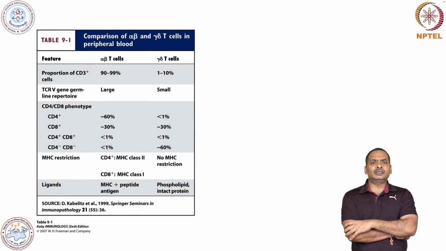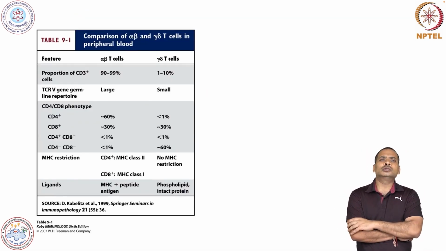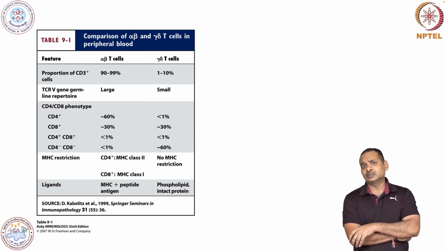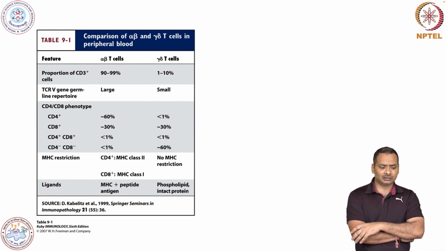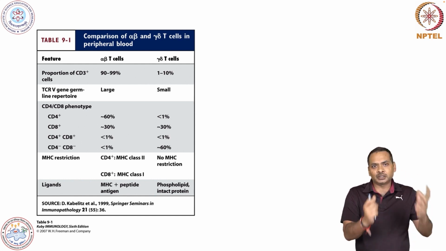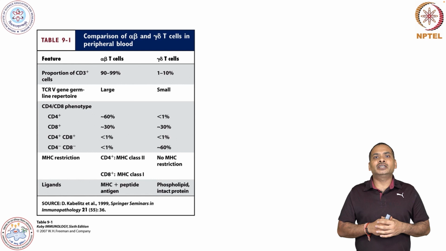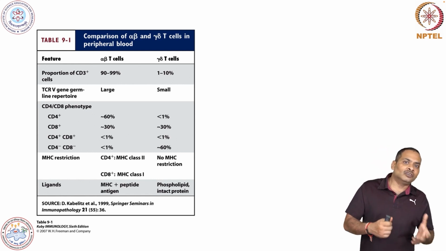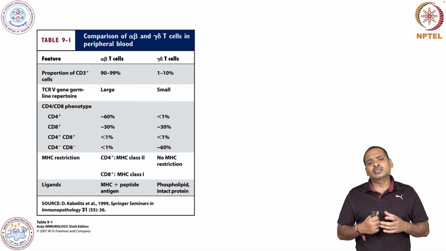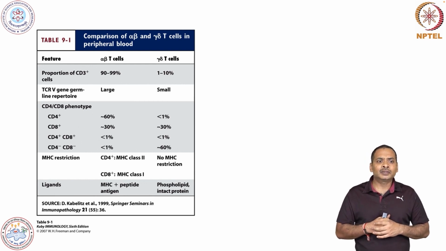Okay, now as I told you, there are two kinds of T cells. One is alpha beta T cell and another is gamma delta T cells, okay. So alpha beta T cells are the major proportion, about 90 to 99% are alpha beta T cells, and only 1 to 10% are gamma delta T cells, okay.